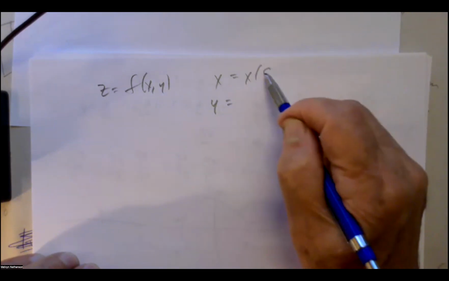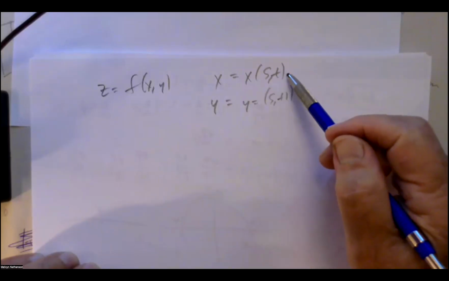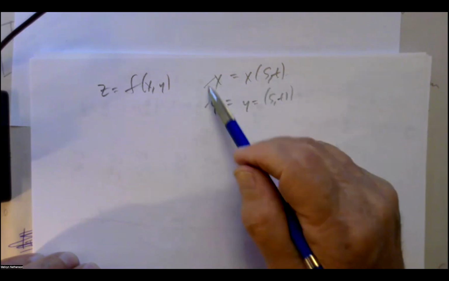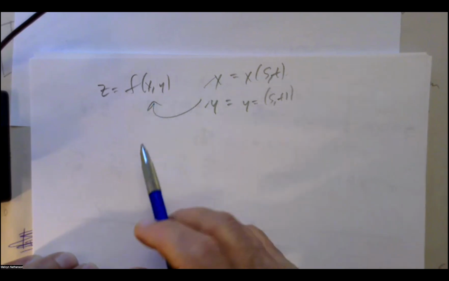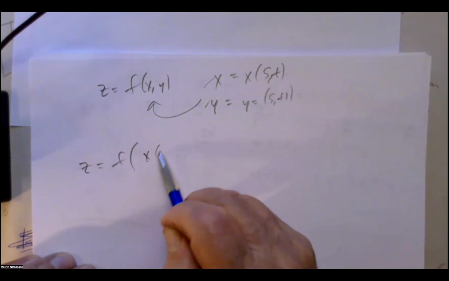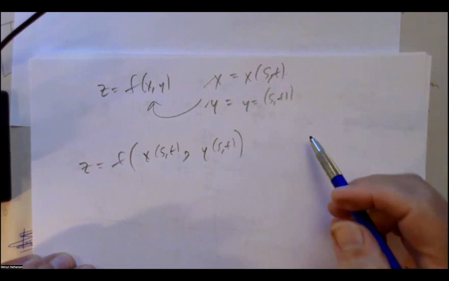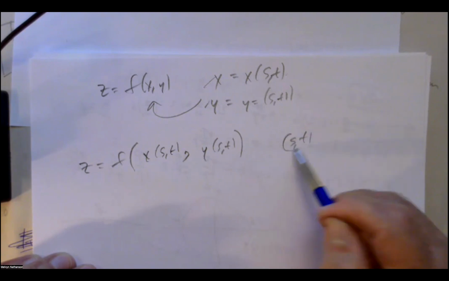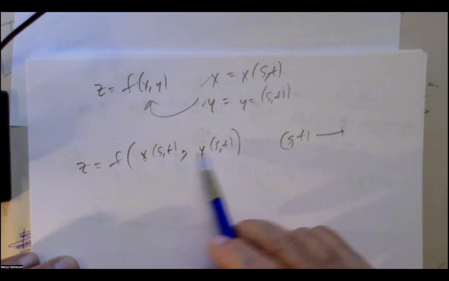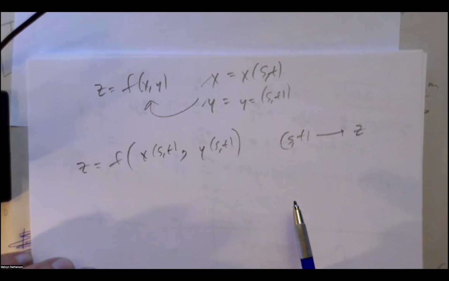So x is some function of s and t, and y is some function of s and t. So we have two real-valued functions of two variables, and you can put them inside your f, and now we get a composite function z, which is f of x of s comma t, y of s comma t. So every pair in the plane st gets sent to x and y, which gets sent to z. So we have this somewhat more complicated composite function.